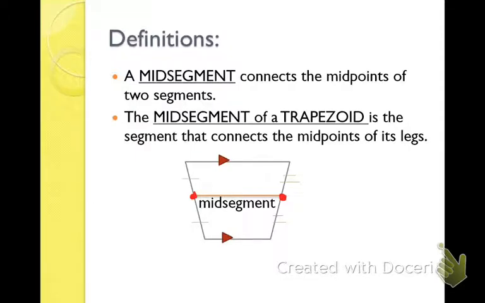You can see from these congruent markings, it's a midpoint of each side. I connect those midpoints and I have a midsegment of a trapezoid. Questions?